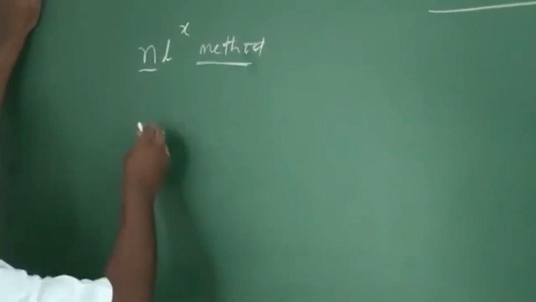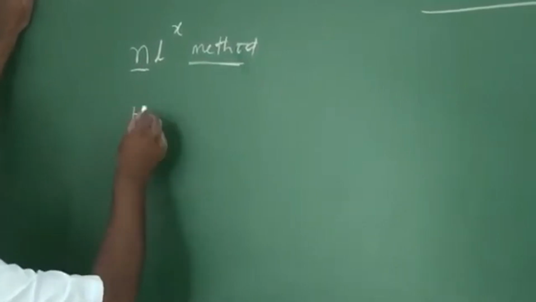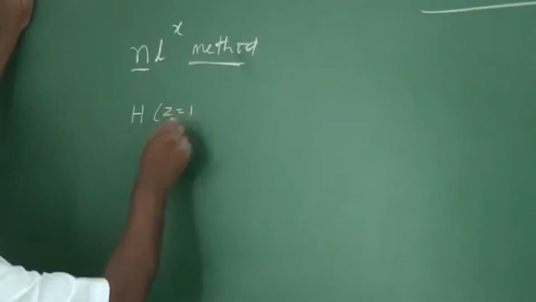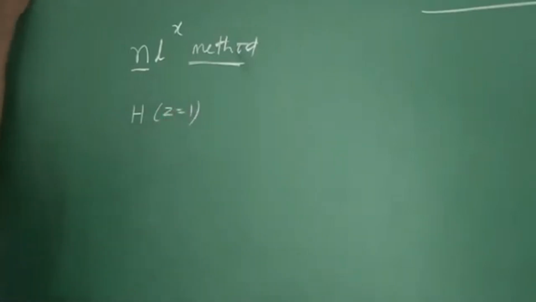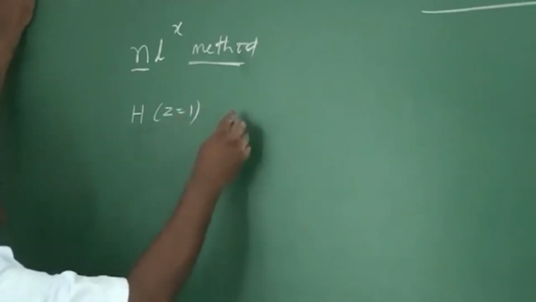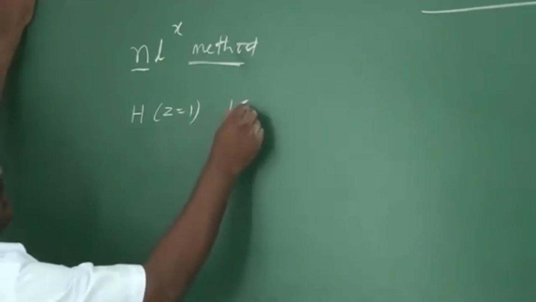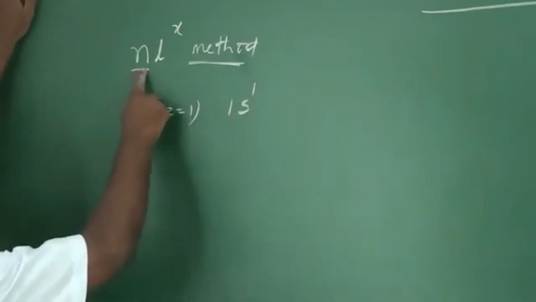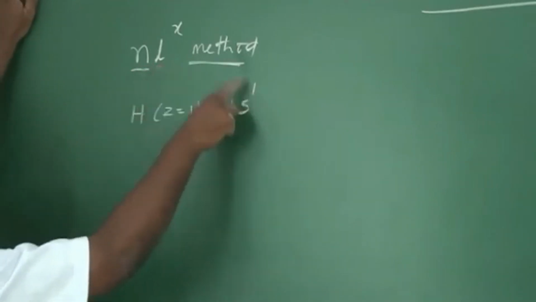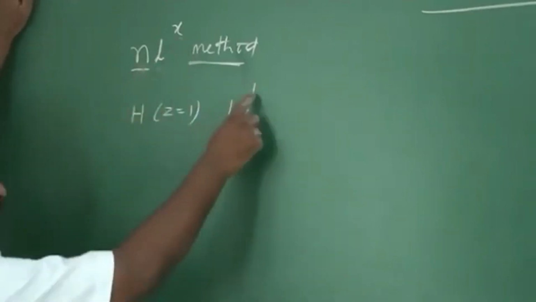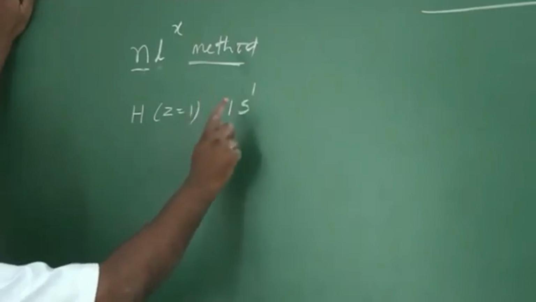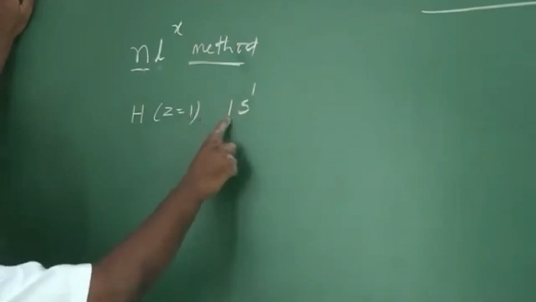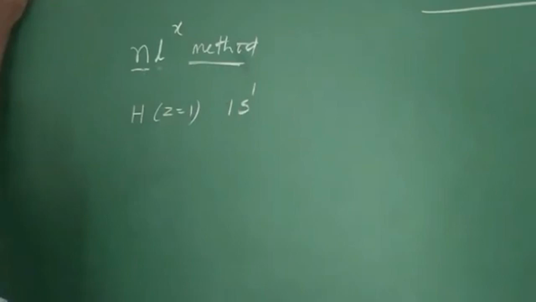For example, hydrogen, its atomic number is 1. So the electronic configuration of hydrogen can be represented as 1s1. 1 is n, s is l, 1 is x. That means this electron is present in the s subenergy level of the first orbit. 1 electron is there. So it is said to be 1s1.